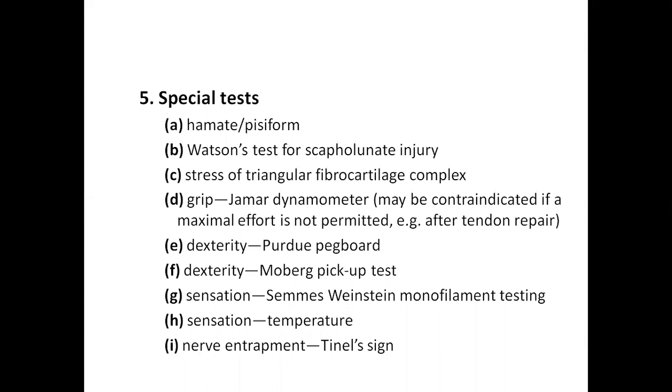Dexterity: the Purdue pegboard is a specific device which is used to check the dexterity of the hand. Now, what is dexterity? Dexterity simply means skill, the skills of the hand which can be used in some activity.